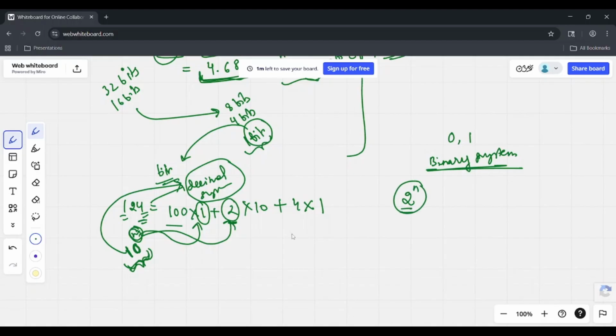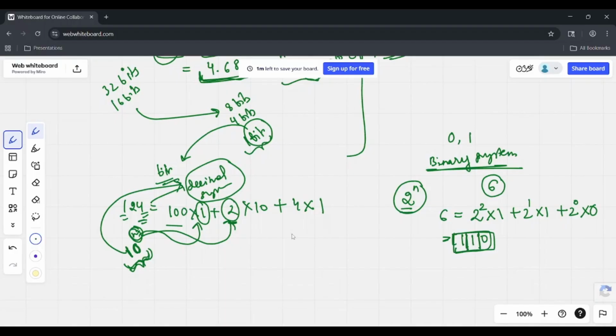So let's say I have the number 6, then how would I represent it? 6 will be equal to 2 raised to the power 2 into 1, 2 raised to the power 1 into 1, and 2 raised to the power 0 into 0. So this will be 110 in bits format.